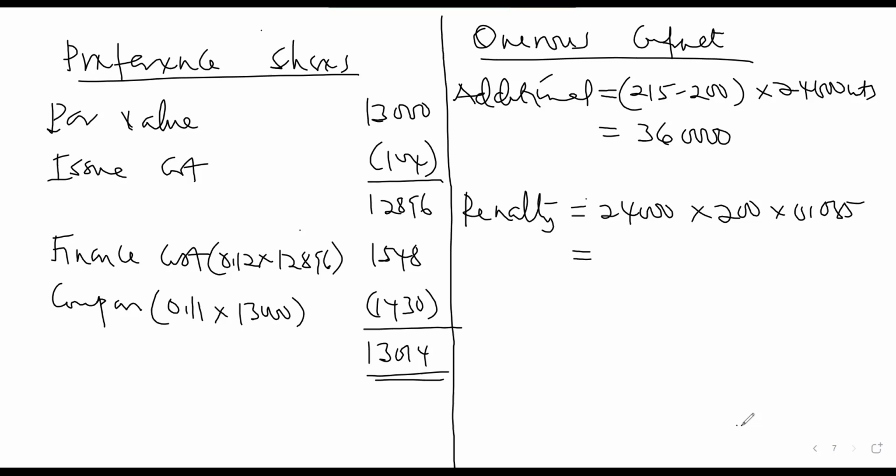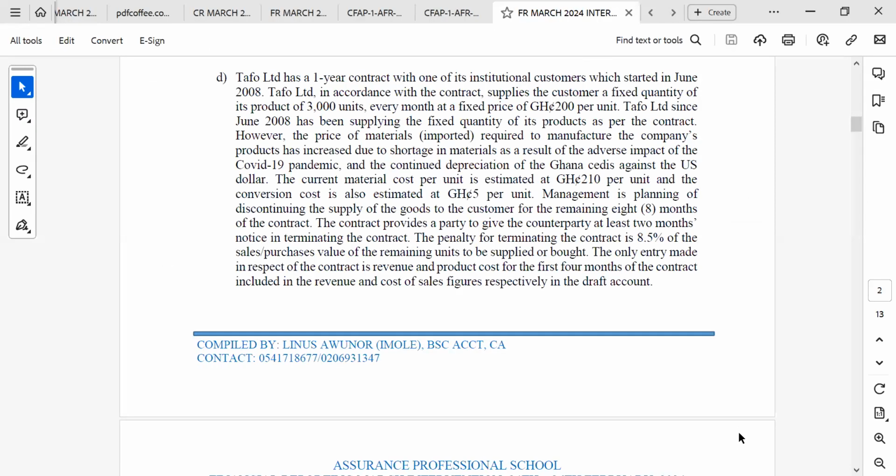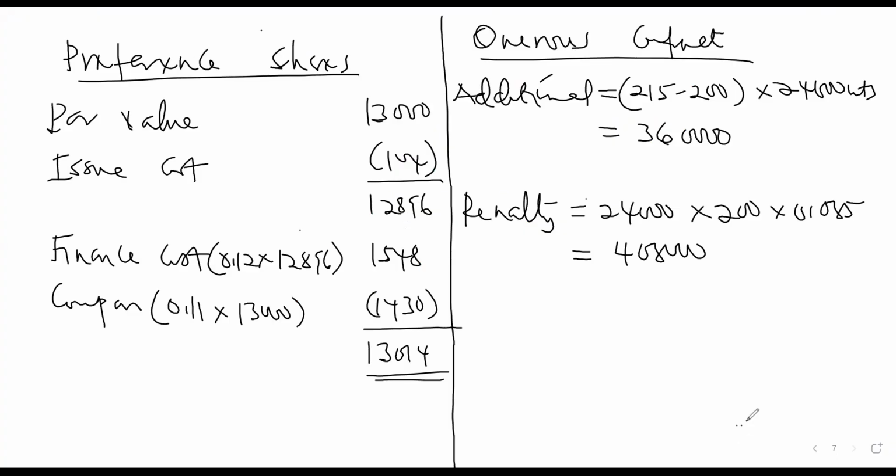How much are you paying as a penalty? 408,000. Okay. If you want to continue the contract, you are going to incur an additional cost of 360,000.